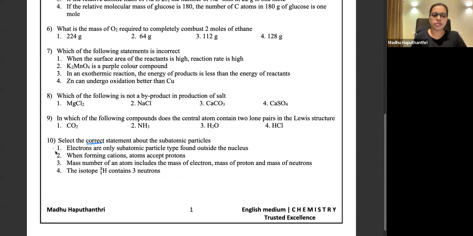Exactly correct. When you take a certain atom, the nucleus is there, and around the nucleus, energy levels are there. In energy levels, you have the electrons. Inside the nucleus, you have protons and neutrons. Electrons are always outside the nucleus.